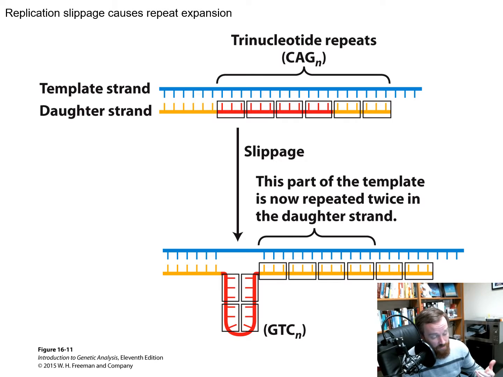So here we have a trinucleotide repeat, which is CAG, and then the N represents the variable number of these repeats depending on the individual.